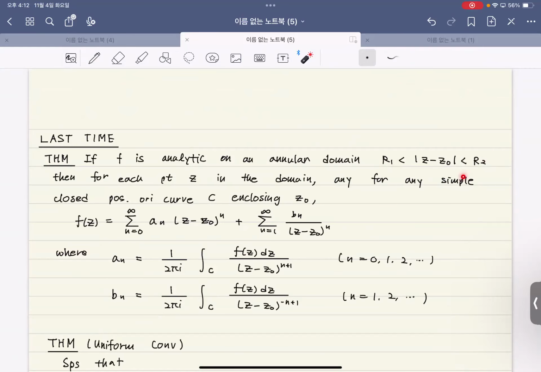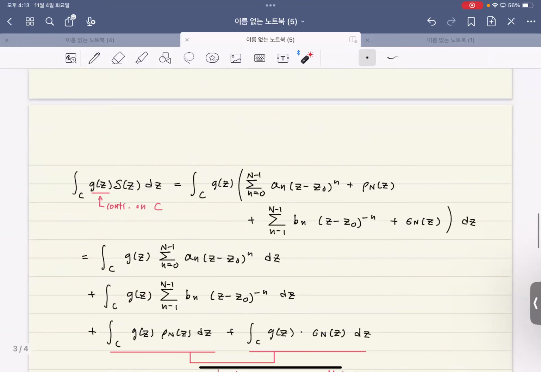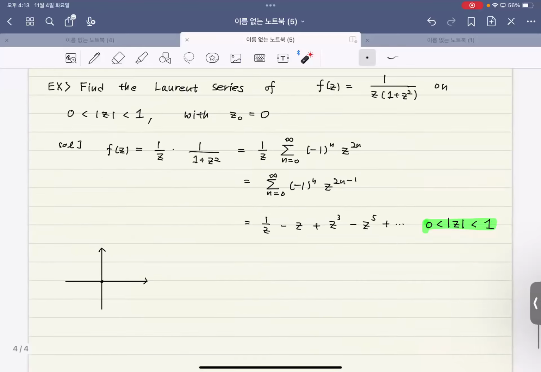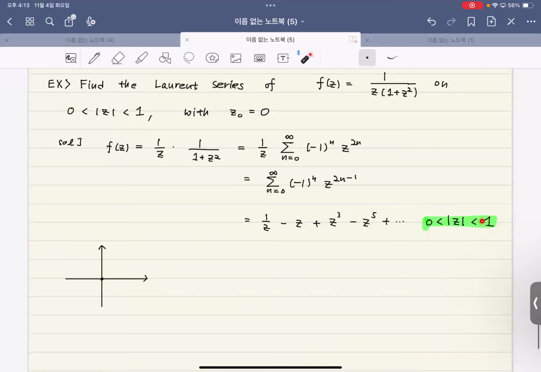We have two radii, and for simplicity, please allow me to call this the inner radius, and this the outer radius. In this case, the inner radius equals 0 and the outer radius equals 1.